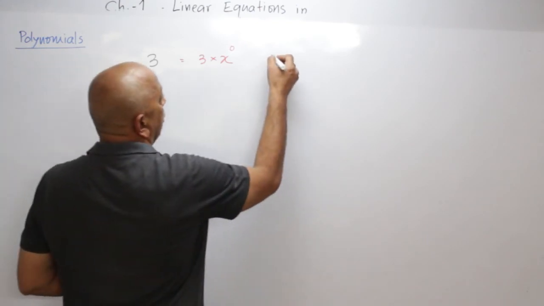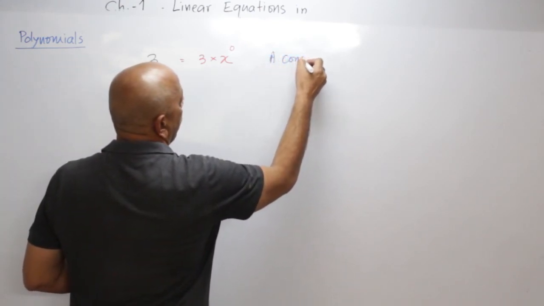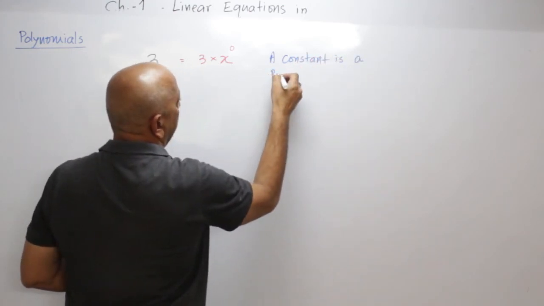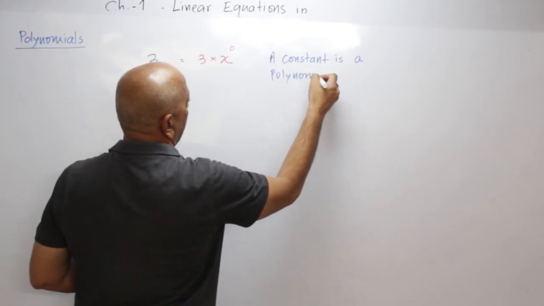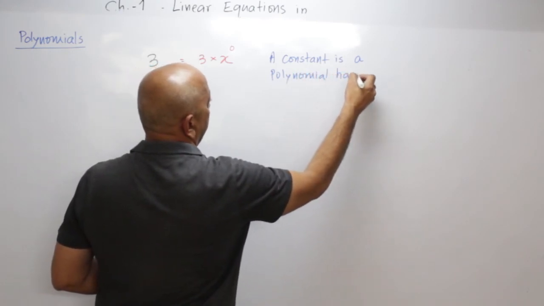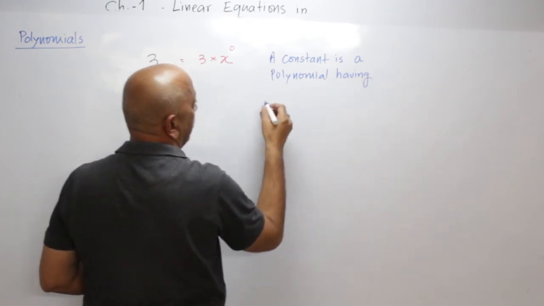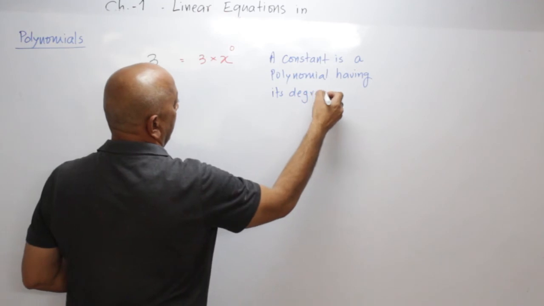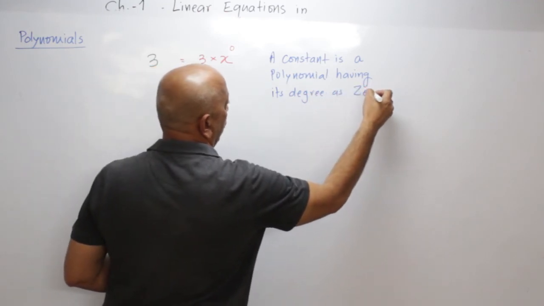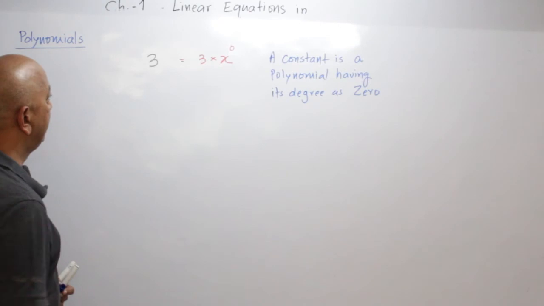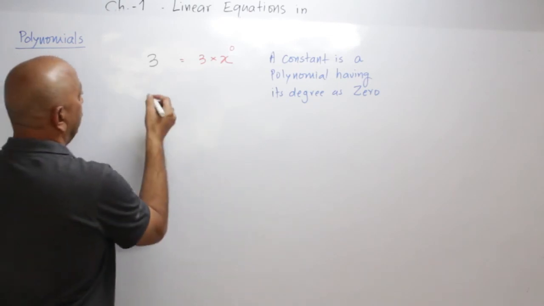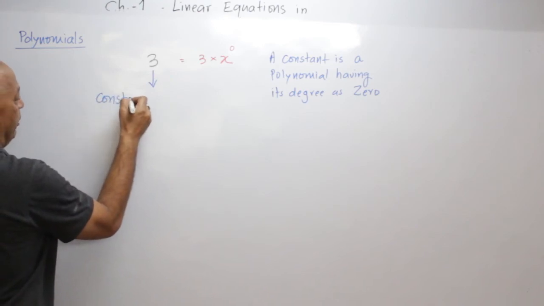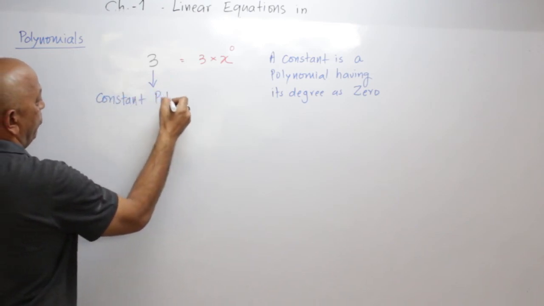So we can write down a constant is a polynomial having its degree as 0. So this particular constant is called as constant polynomial.